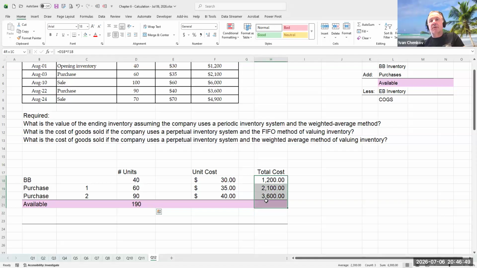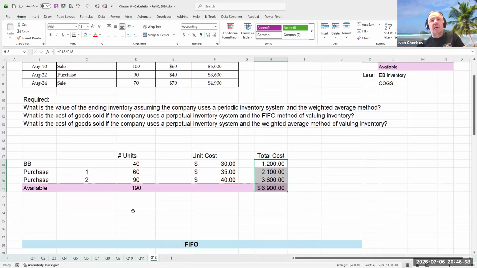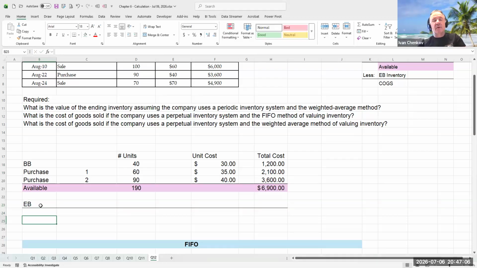What's the total cost for those 190 units? Now, as you can see, here we don't have the ending balance. So the ending balance is missing. But what we need, we have our sales.